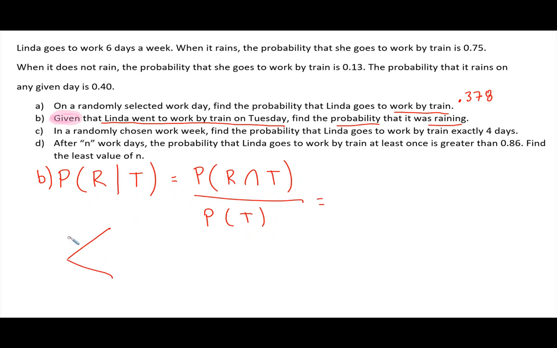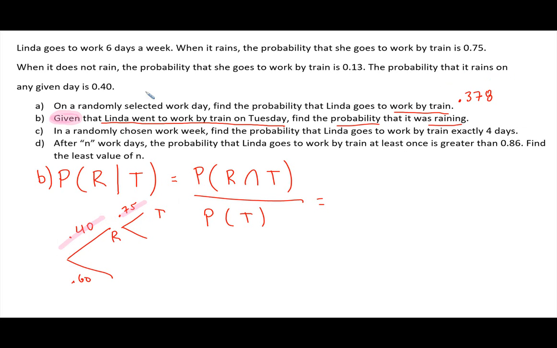Remember, we had rain on any given day was 0.40. This is 0.60. And then rain and train: when it rains, the probability that she goes to work by train is 0.75. So this is the intersection right now, where it rains and she uses the train.